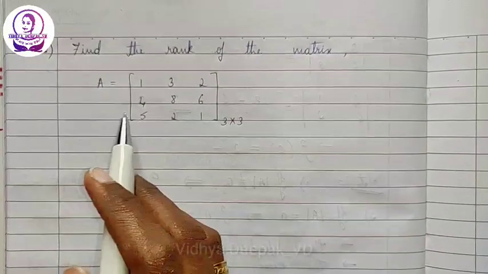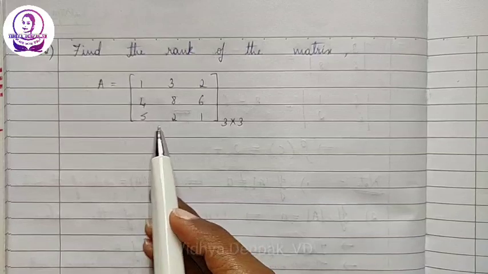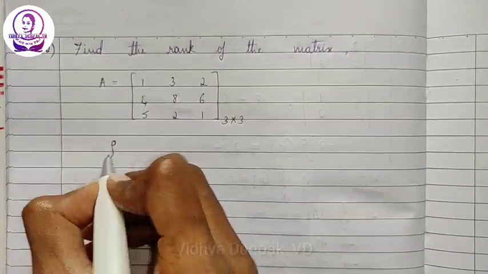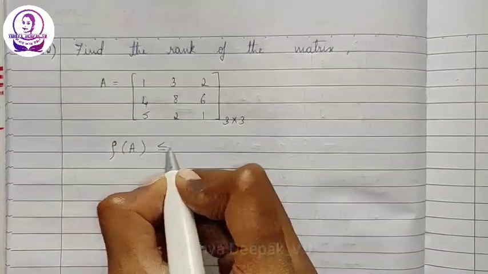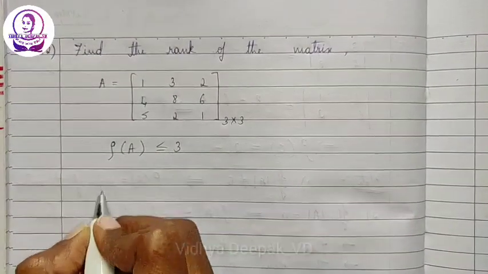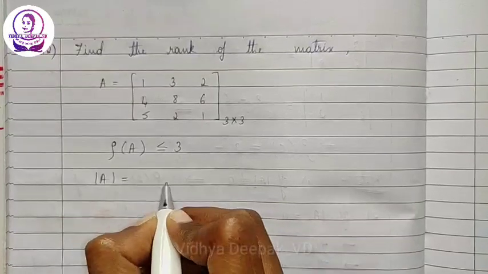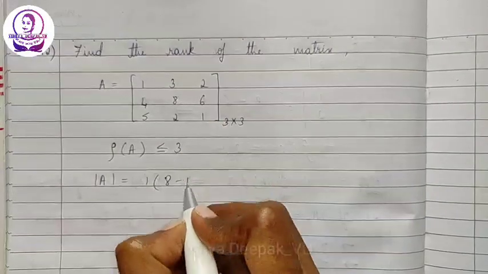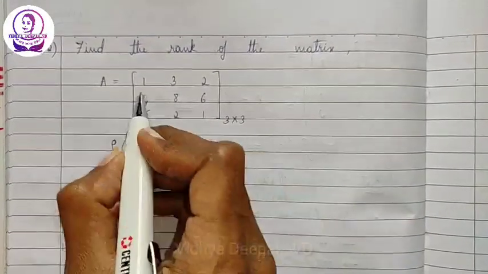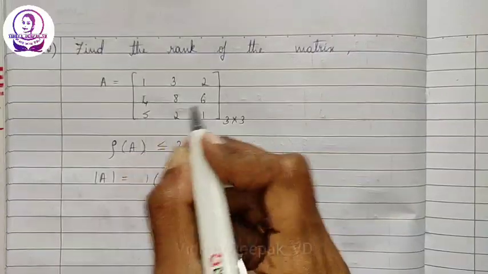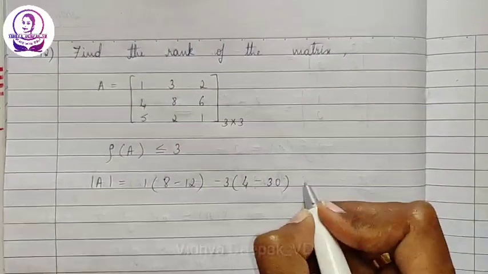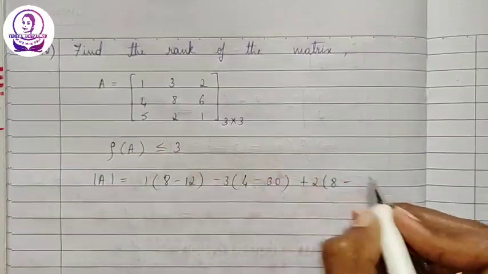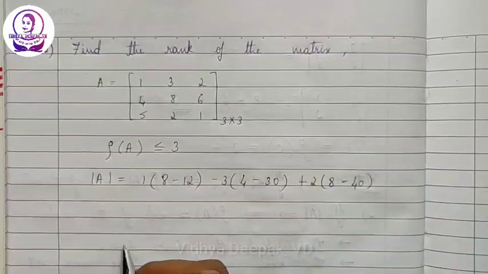Find the rank of the matrix A is equal to 1, 3, 2, 4, 8, 6, 5, 2, 1, which is a 3 cross 3 matrix. Okay. So first conclusion is rank of this matrix will be either 3 or less than 3. So now first let's find the determinant of this matrix. 1 into 8 ones are 8 minus 12 minus 3 into 4 ones are 4 minus 6 fives are 30 plus 2 into 4 twos are 8 minus 5 eights are 40.